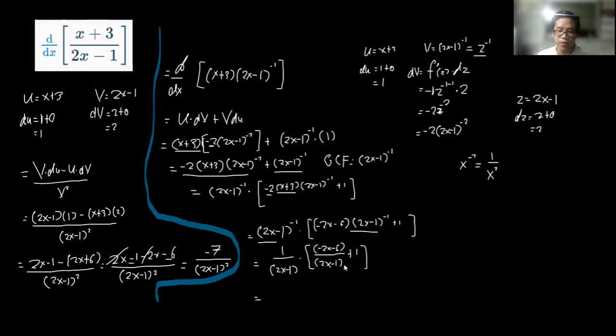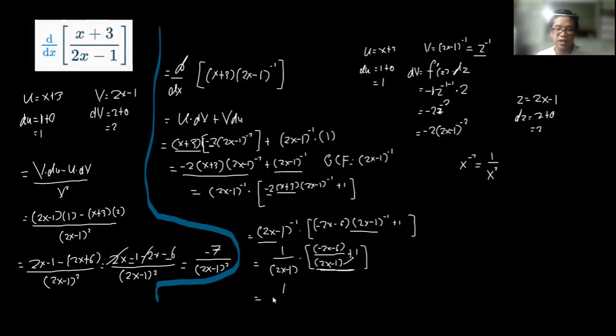So I'm going to make this whole bracket a whole fraction. 2x minus 1 times 1 is just 2x minus 1, then add it with negative 2x minus 6.